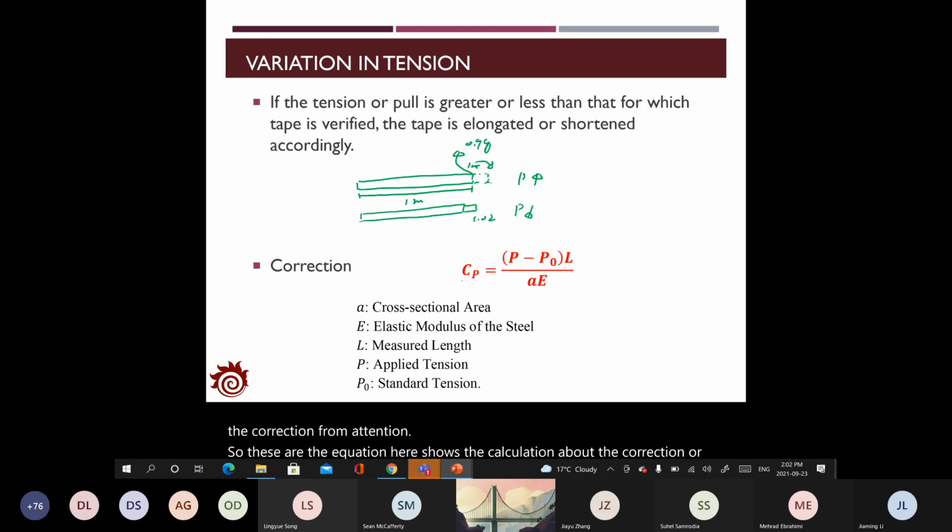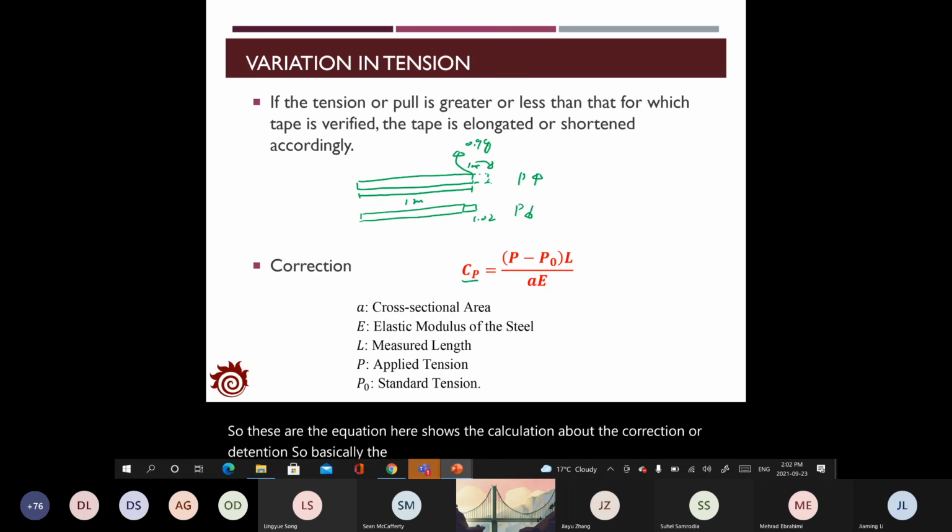Basically, the correction of tension Cp equals (P minus P0) times L divided by A times E. Remember here, A is the cross-sectional area. It's different from the coefficient of thermal expansion, which is alpha. They look quite similar, but it's different.